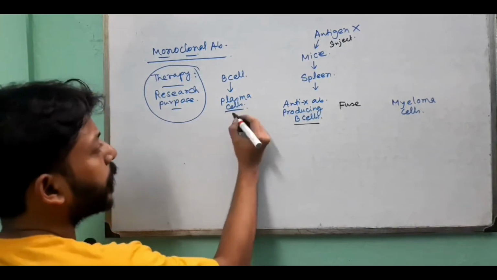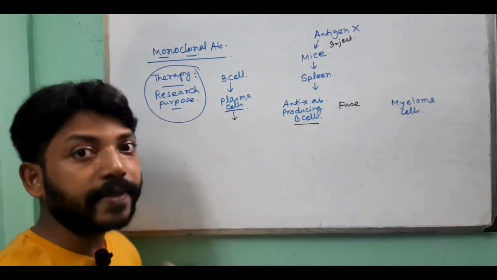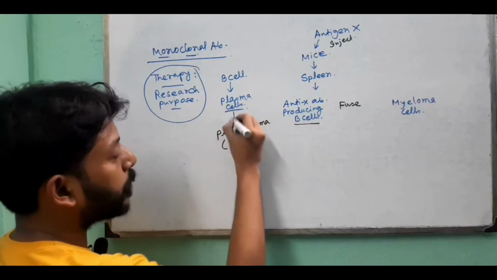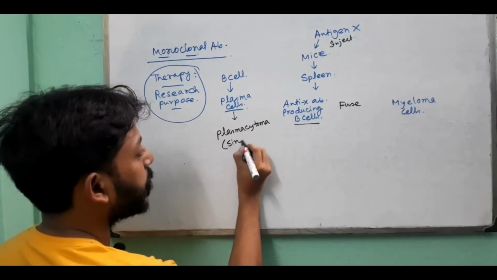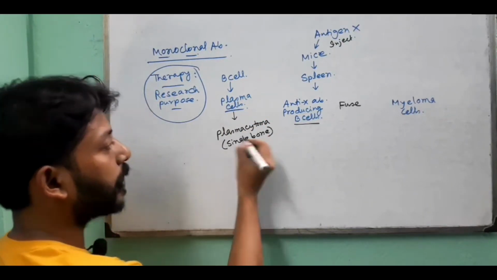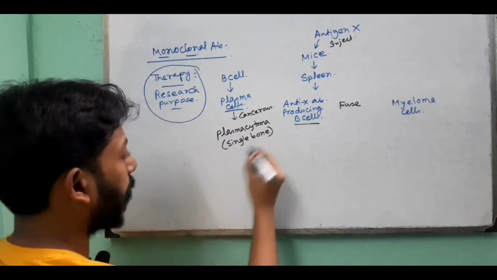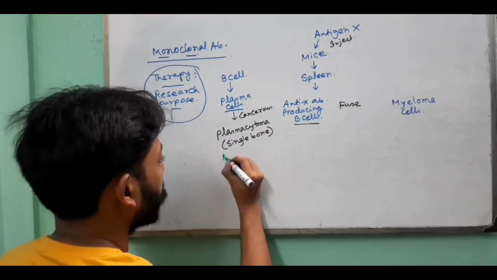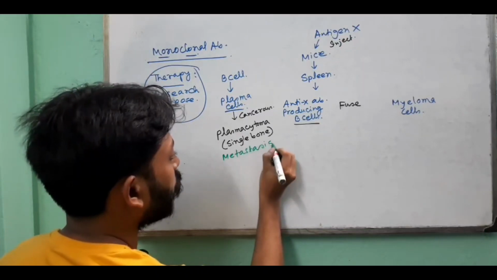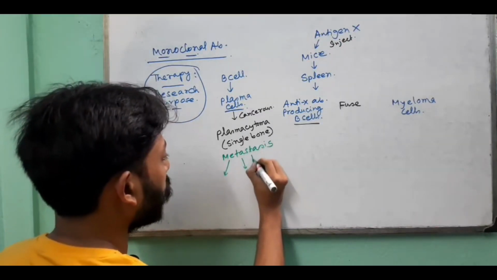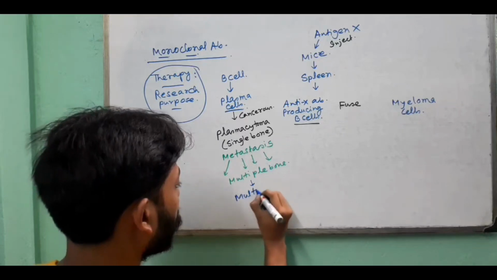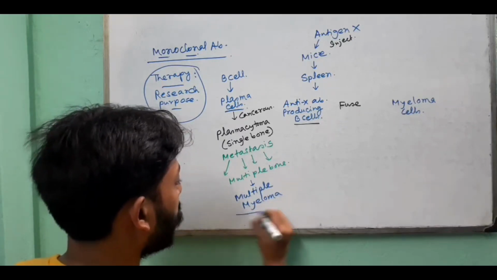But when this plasma cell becomes cancerous, it is called plasmacytoma. When this plasma cell remains in a single bone, this is called plasmacytoma. But when this plasmacytoma starts to metastasize into multiple bones, the cell is now called multiple myeloma, or simply myeloma.